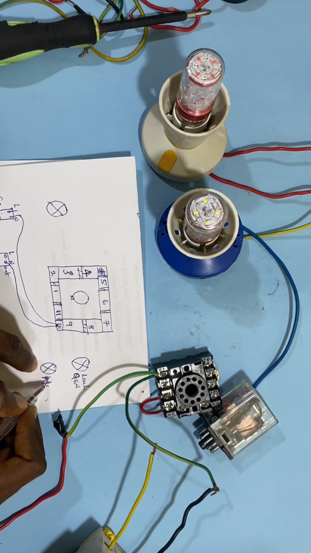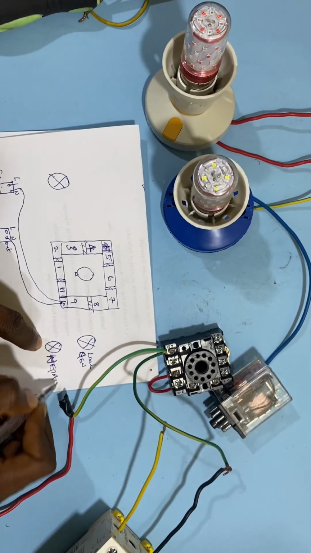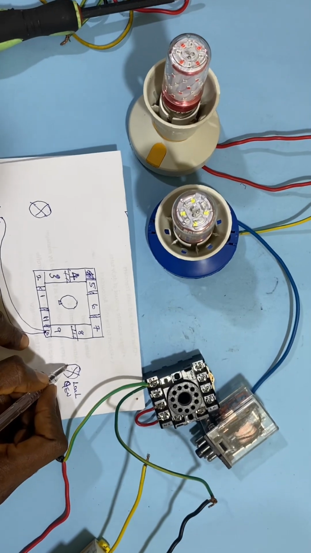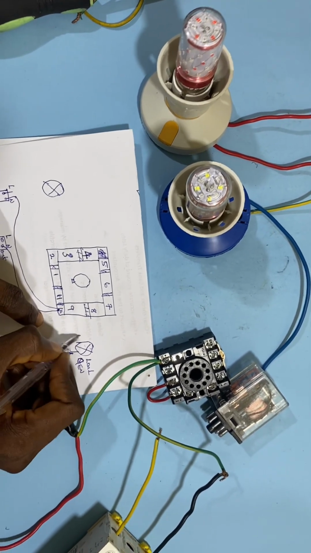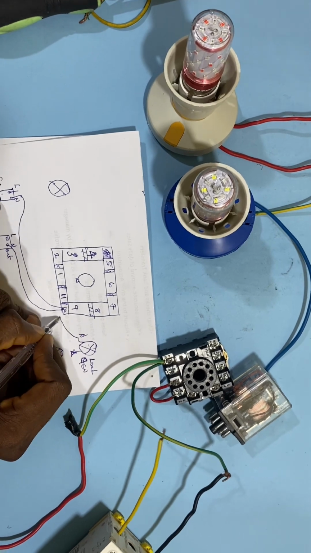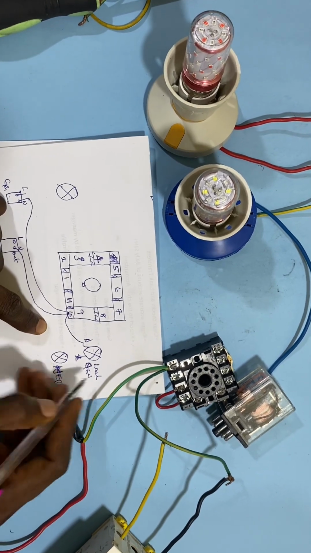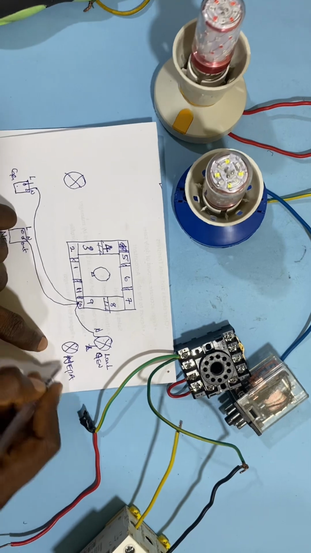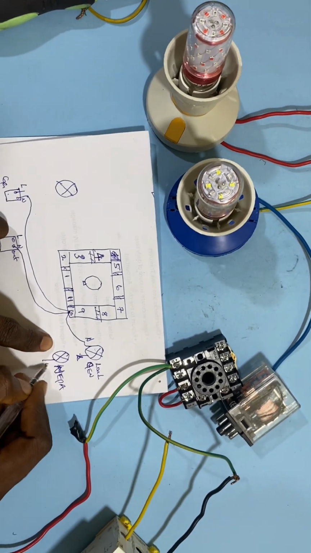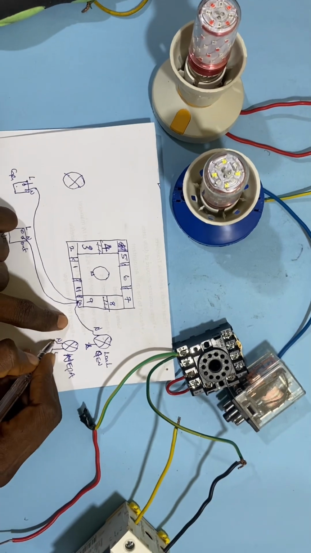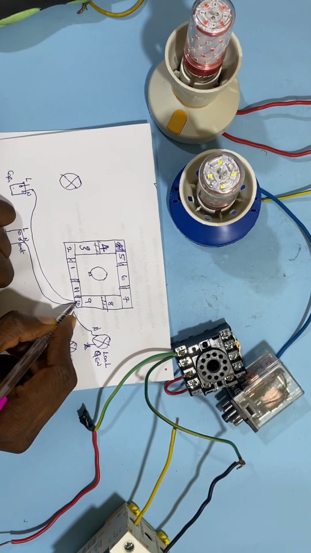So this is the NEPA load. This is the neutral and this is the live. The neutral of the gen load will be connected to pin 10, and the neutral of my NEPA load is going to connect also to pin 10.